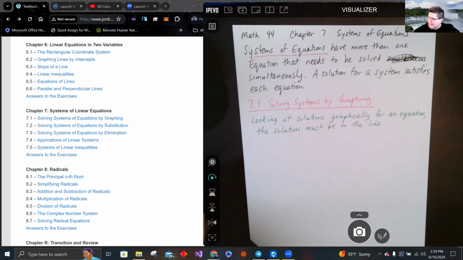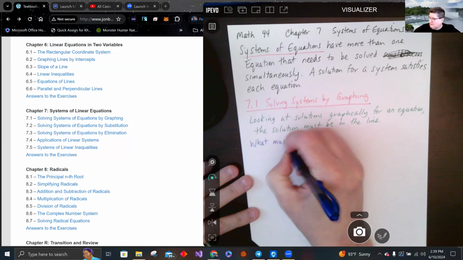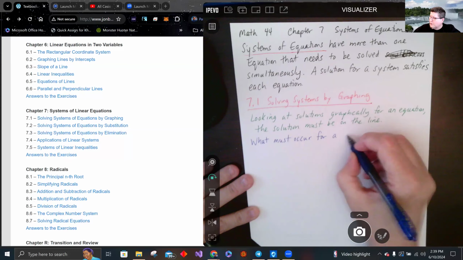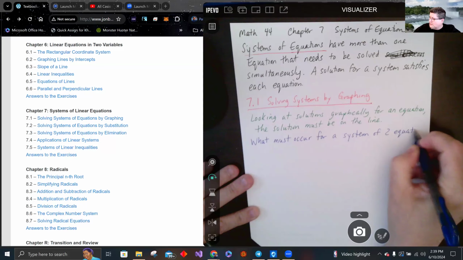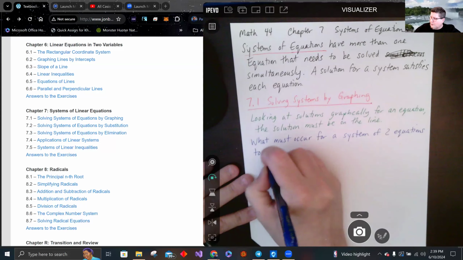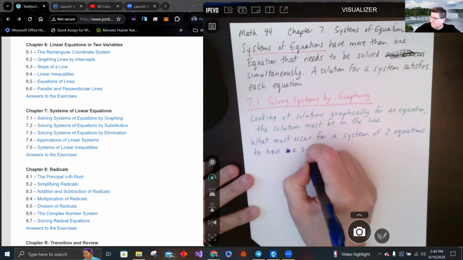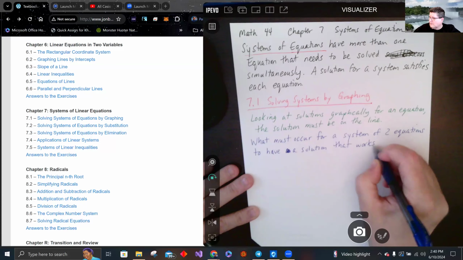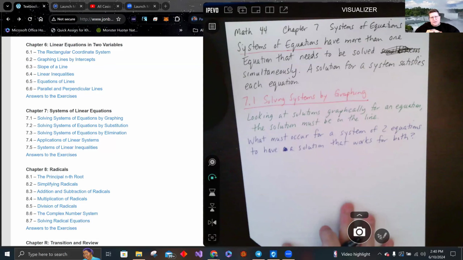So what do you think has to happen? What must occur for a system of 2 equations to have a solution that works for both of them? Think about that for a second. Just think about it. Maybe draw some pictures.